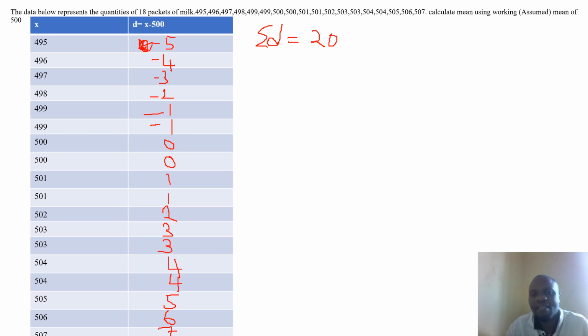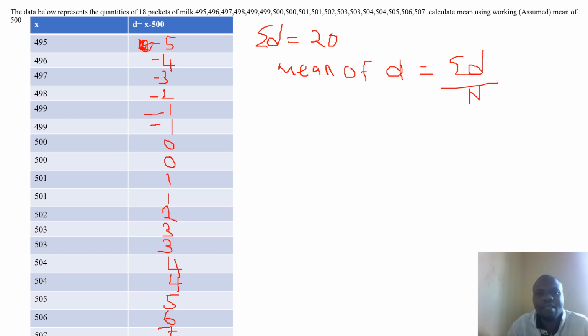So now we know that the mean of this data is the mean of my D column, which is the summation of D divided by the number of observations, n.